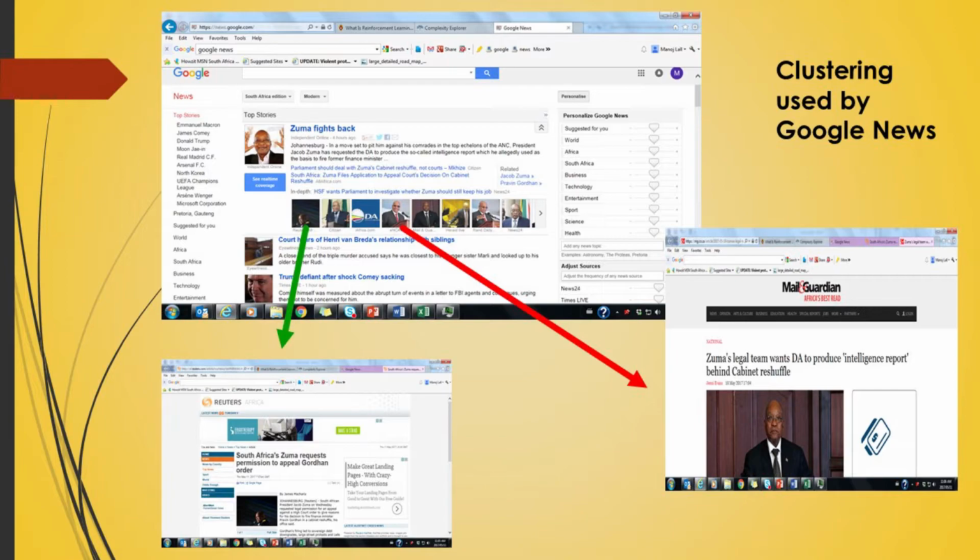And another area is when you want to get to the news on the web, like Google News, for instance, right? For example, when I did this, I clicked on President Zuma, all right? When I clicked on that, it started popping up all the articles that were published on that particular topic. So Mail and Guardian showed me what it was talking about.